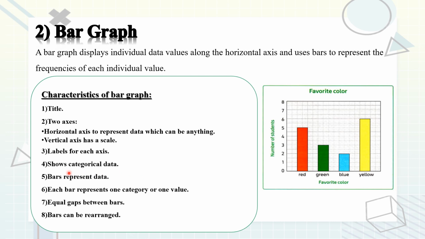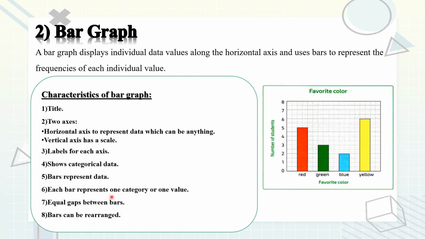Number 4 shows the categorical data, and the bars represent the data. 5 students choose red, and 3 students choose green, and 2 students choose blue, and the last one yellow, 6 students choose yellow.